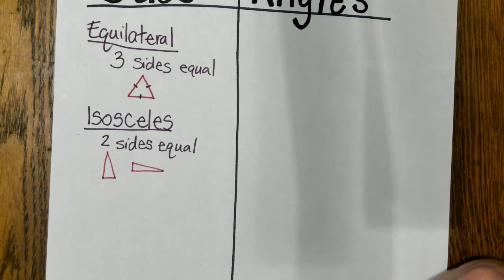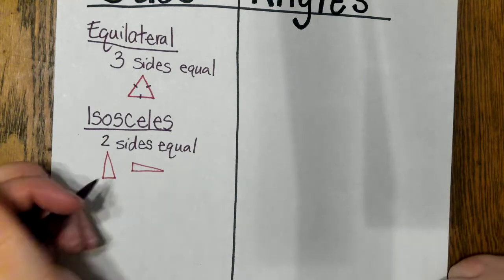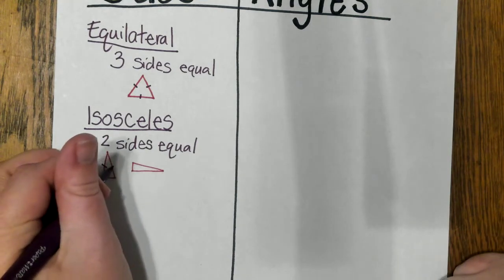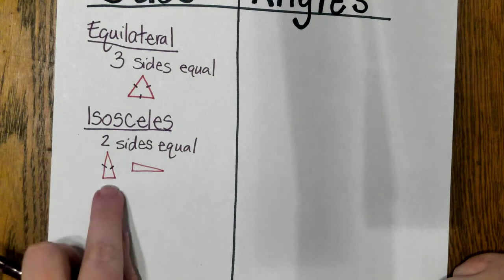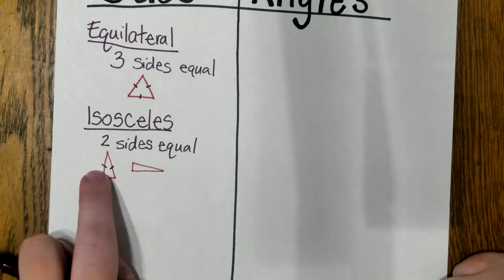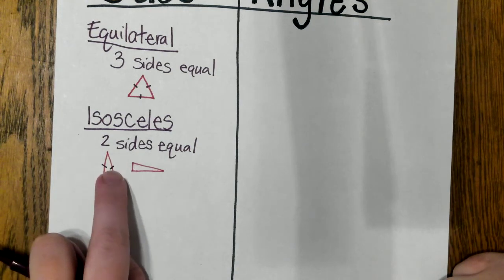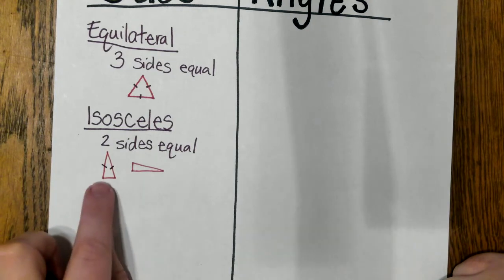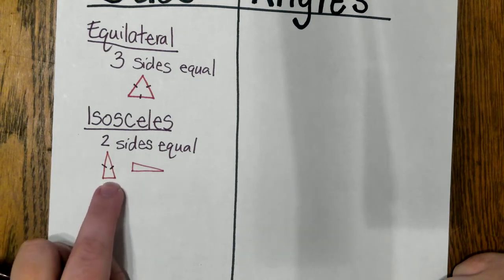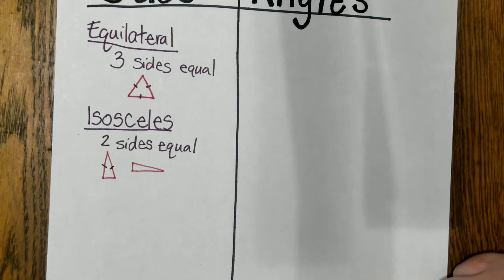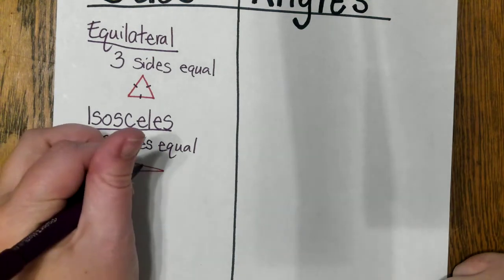I'm just drawing these by hand. So to show that I mean for them to be equal, I'm going to put my little tick mark right there. Now, only 2 sides have that little mark. That means that those 2 sides are equal. This third side, not equal. So it does not get a little tick mark.